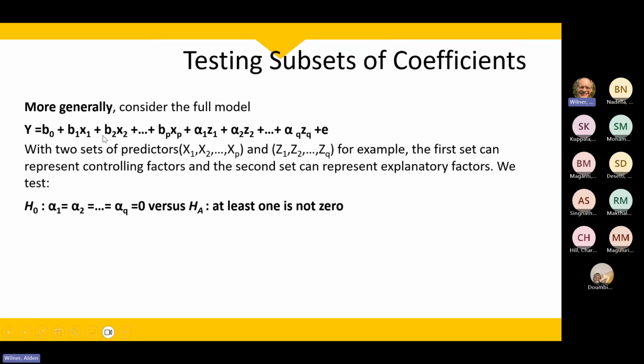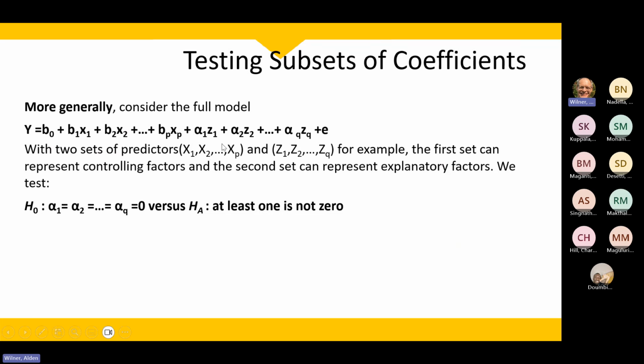Controlling factors we'll call X, and features that we're trying to decide if we want to add to the model or not, we're going to call Z. We're going to say beta 1 for X1, beta 2 for X2, and so on, up to whatever P features we have that are held as controlling variables. And then these are the ones we're going to add.